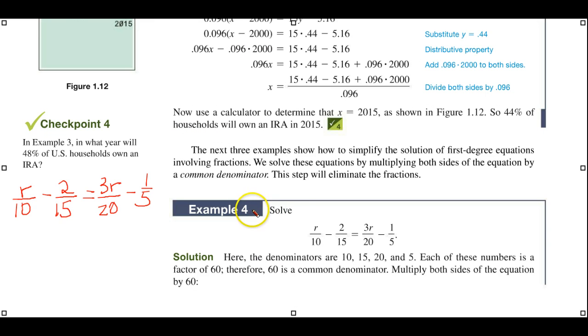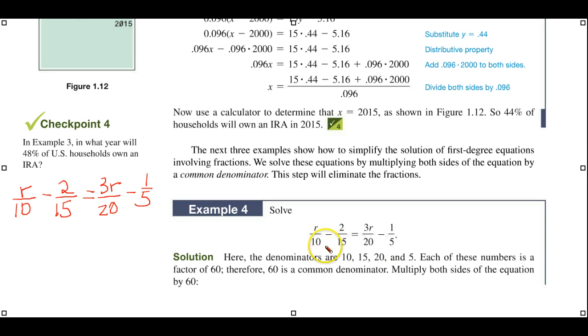In example 4, we're using another common procedural step when we have equations with fractions now, is to clear the fractions by multiplying each term by the lowest common denominator.